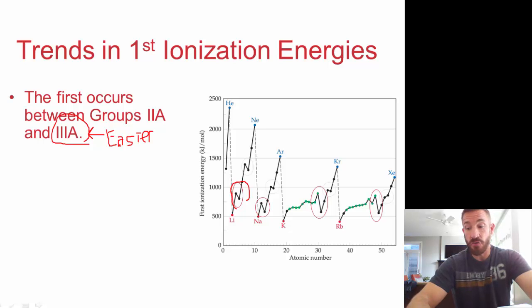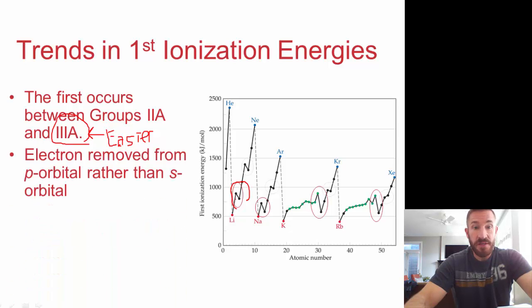Now the reason it's easier for 3A is that those two s electrons actually shield that 2p electron a little bit. Since they do a little bit of shielding, it's easier to pop off that 2p electron. The electron removed is from a 2p orbital rather than a 2s, and it's a little bit further away.